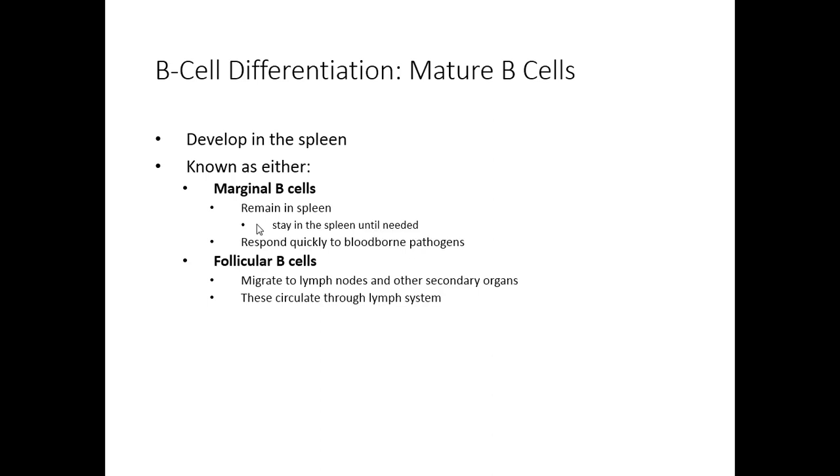The marginal B cells, the ones in the spleen, stay in the white pulp of the spleen, where they're going to be a first responder to antigens that are in the blood and filtered in through the spleen by maintaining a strong and antigenically diverse B cell population there.